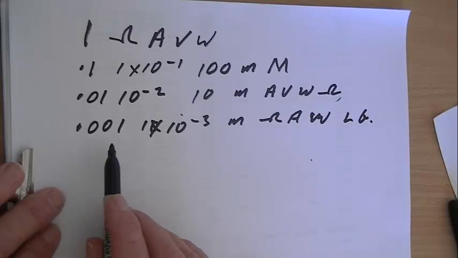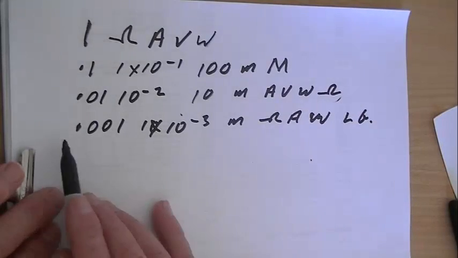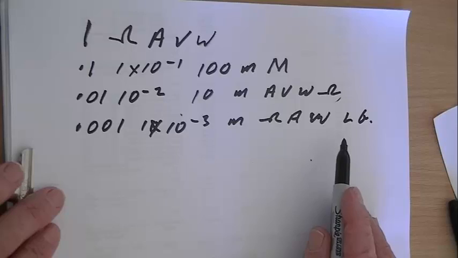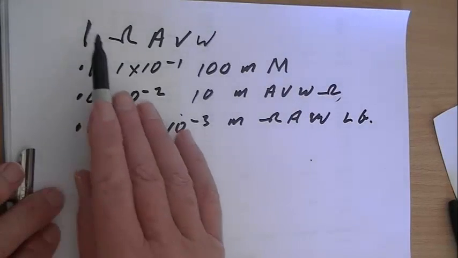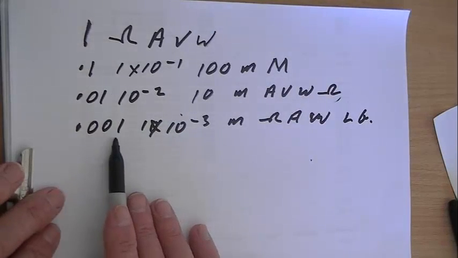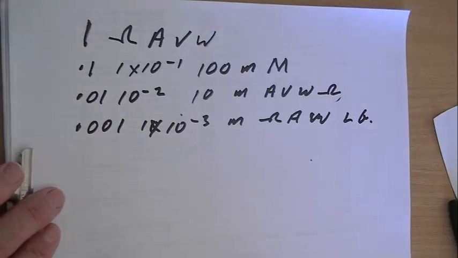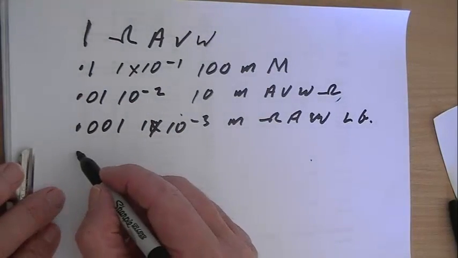So 0.001, this is a major unit, and it's referred to all the time. It is 1,000th of a unit.